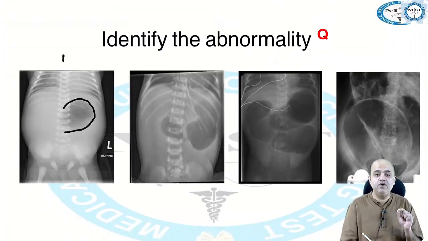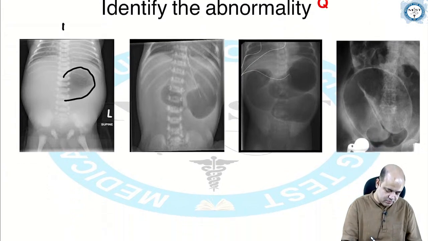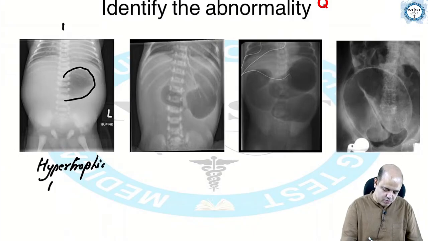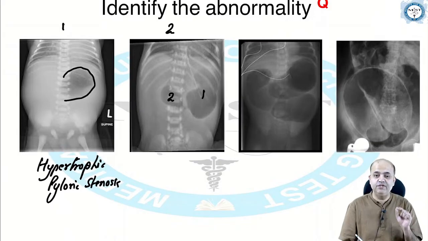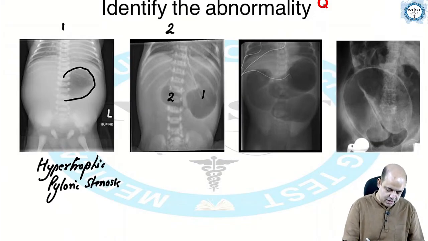This is hypertrophic pyloric stenosis. Here how many bubbles are there? 2 bubbles are there. Double bubble, it is a feature of duodenal atresia.